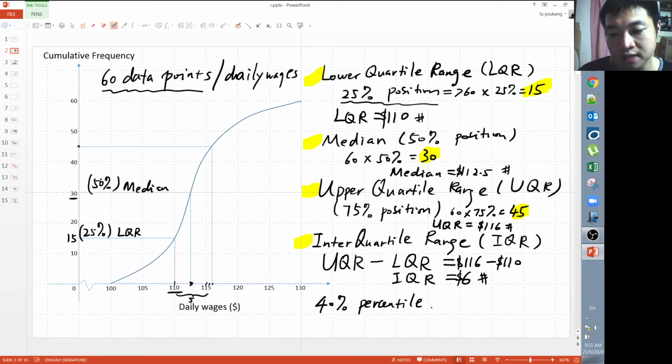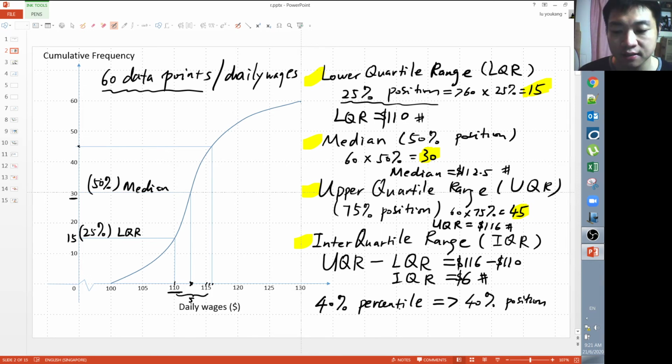Alright, so let's define what is our 40% percentile. Let's make use of what we have learned for our lower quartile range. Okay, so the lower quartile range is our 25% position. So for this 40% percentile, what it means is our 40% position on the vertical axis.